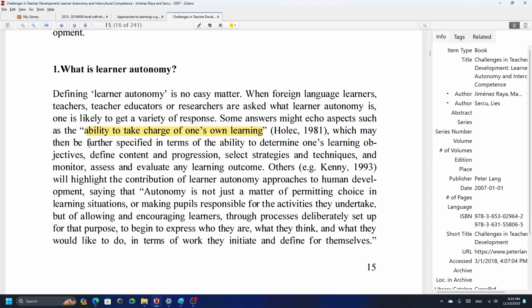We find, for example, the ability to determine one's learning objectives, this is one. Define content progression, this is also important. Select strategies and techniques, monitor, and assess, etc. All of these should be found in your introduction. This is what I wanted to share with you.